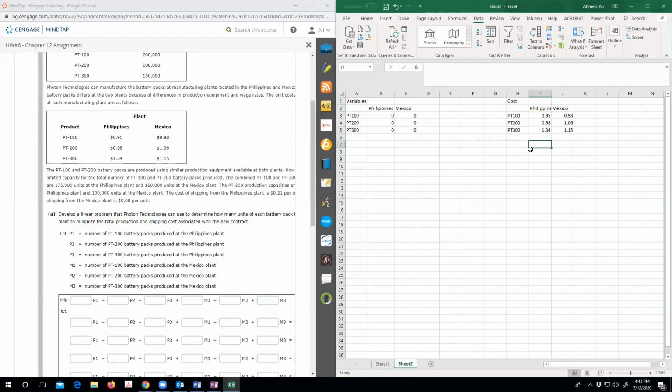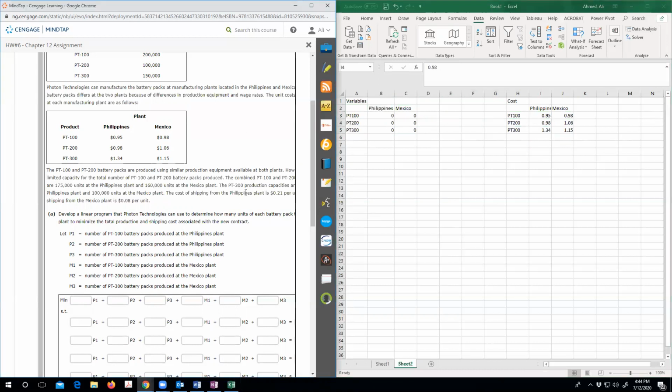This first table is the changing table. In my solver, I will use the changing values of this table, and the cost will remain the same. The cost will not be changing, but these values will be changing based on the constraints.